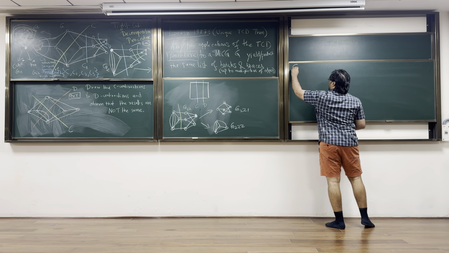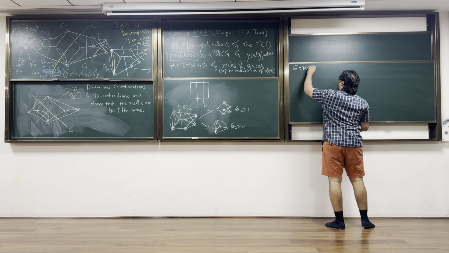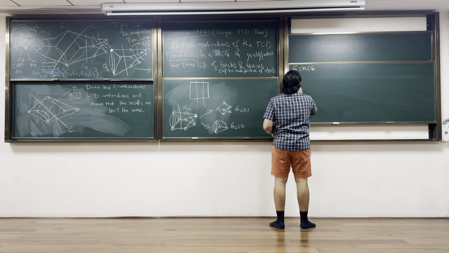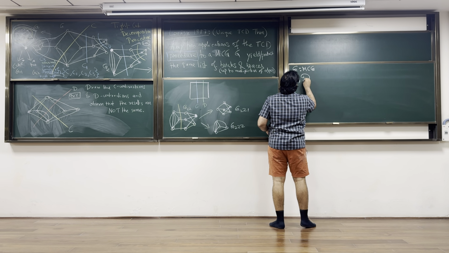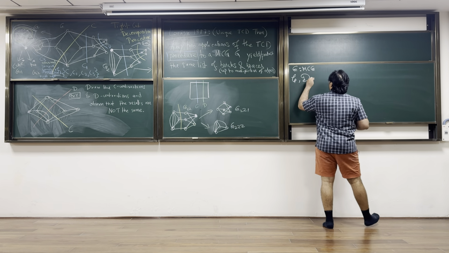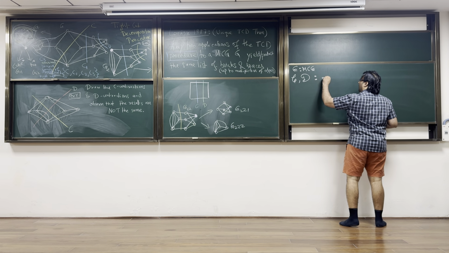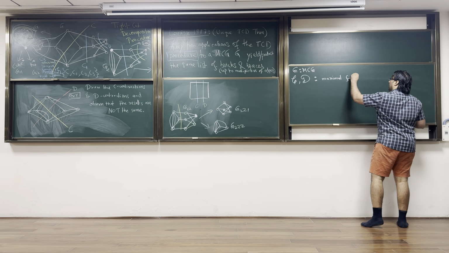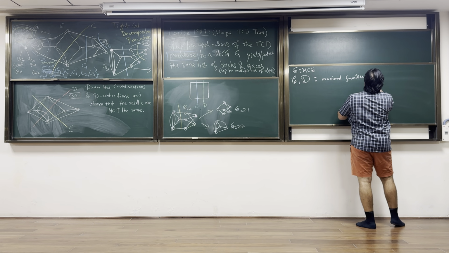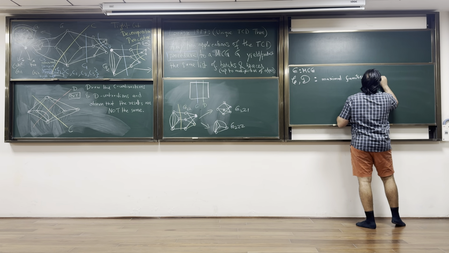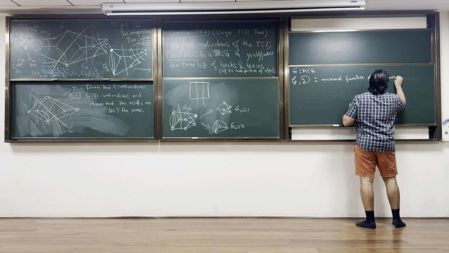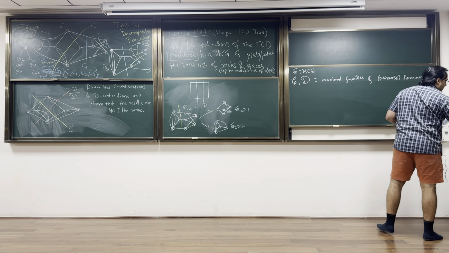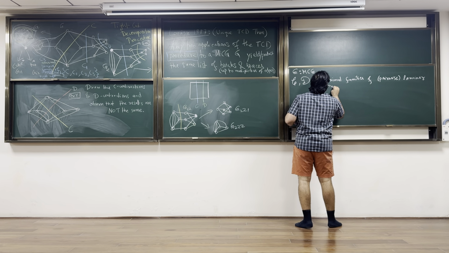So let's say G is a matching covered graph. Let's say script C and script D are maximal families of laminar non-trivial tight cuts.